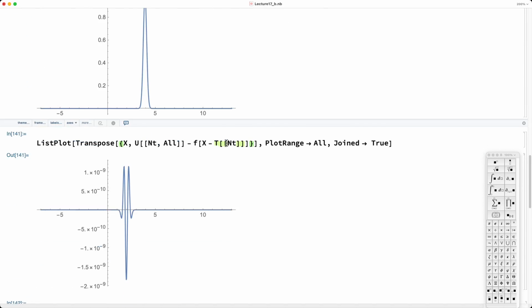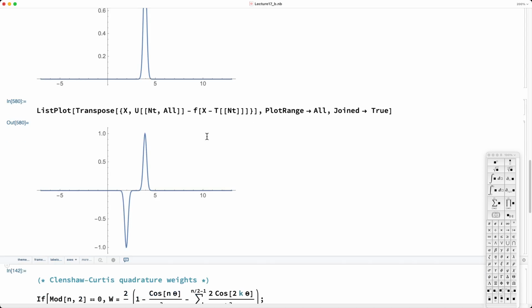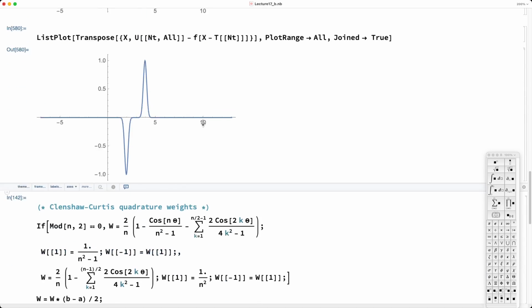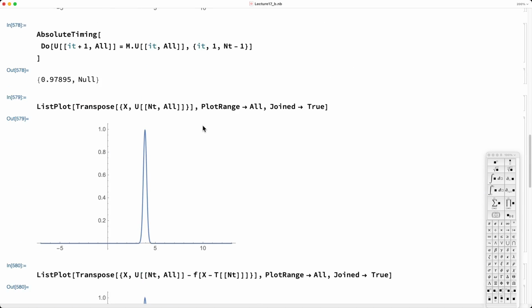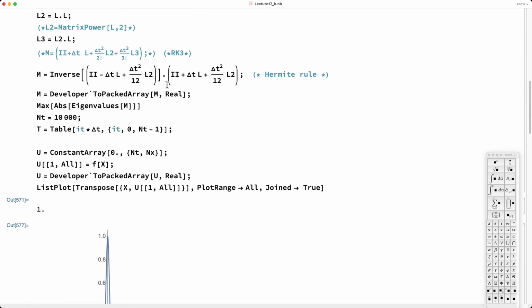And then let's plot the error. There's something wrong here. It looks like u is propagating further than it should. So there might be some typo here somewhere.